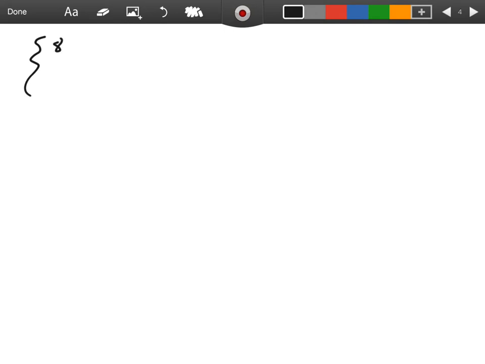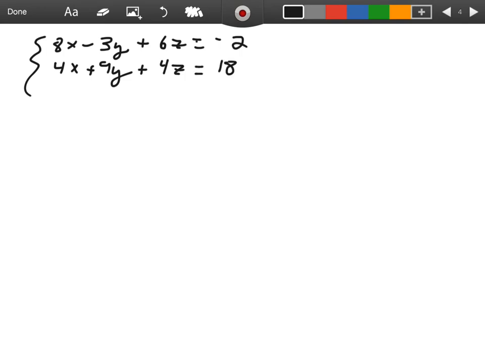Say I have 8x minus 3y plus 6z equals negative 2. 4x plus 9y plus 4z equals 18.